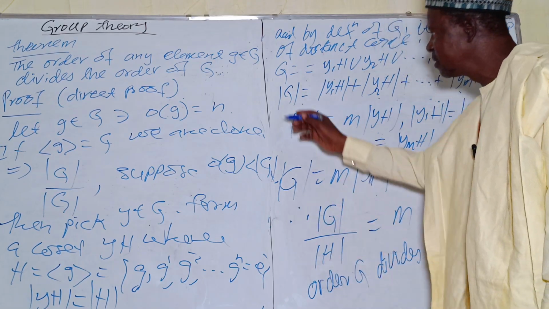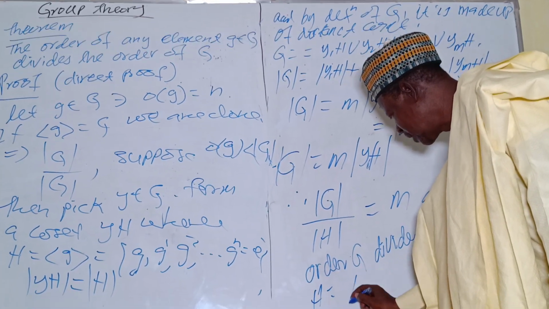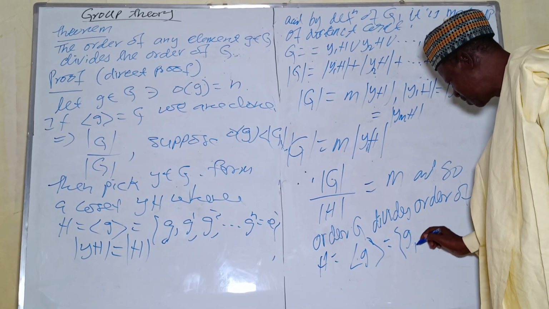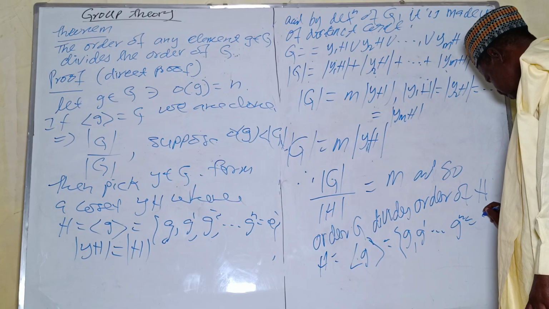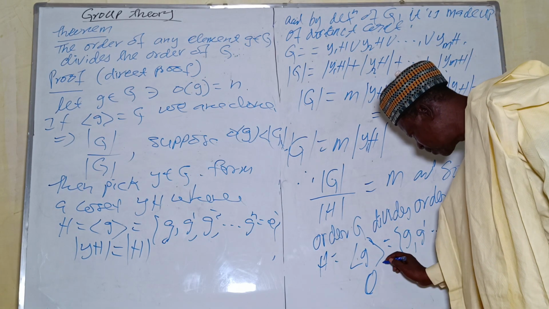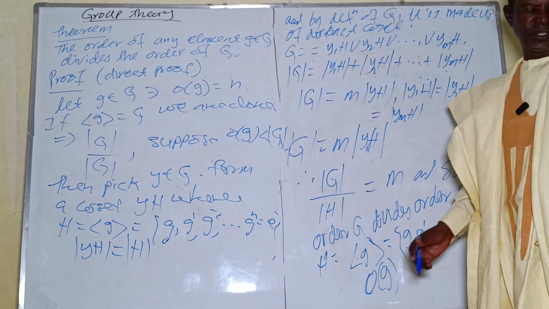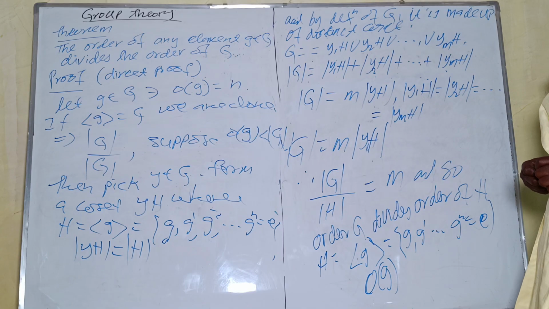H is that group which we now represent as g, g1 up to gn equal to e, which we now call the order of g, okay? And the theorem is proved. So, you are welcome to the next presentation.